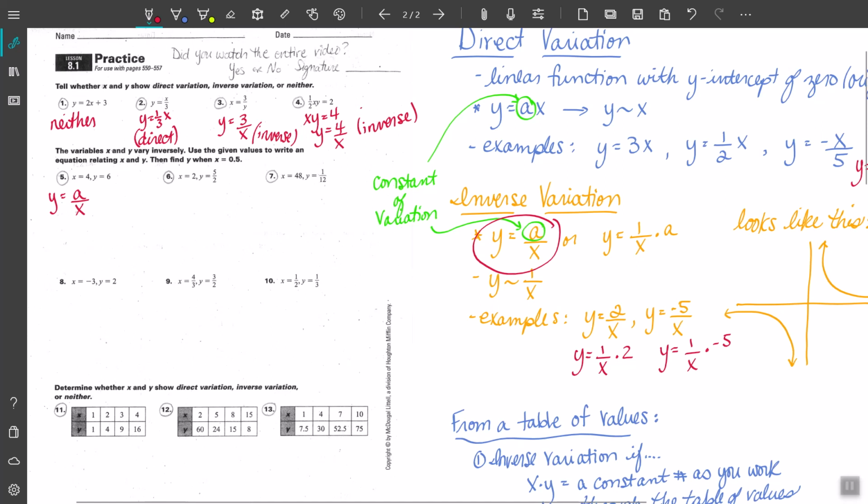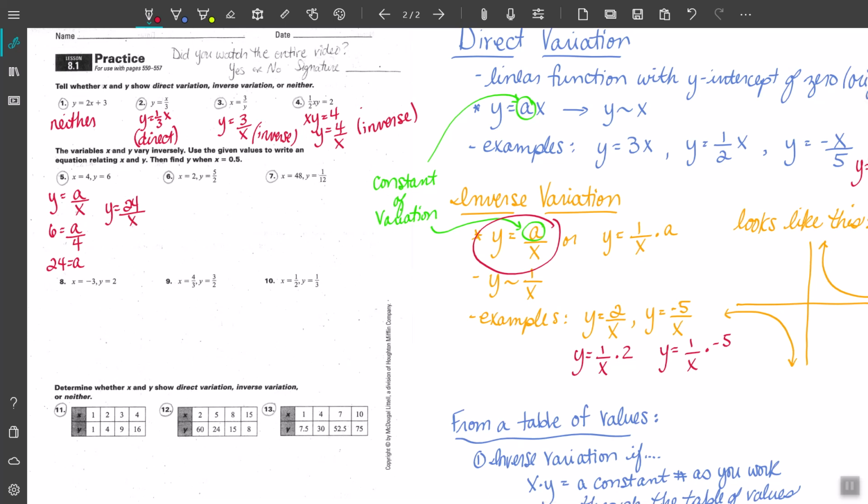I have my x, I have my y, so I'm going to plug those two in and solve for my constant of variation, which is a. I'm going to take that constant of variation and plug it back up into here to get my equation that I can use to solve for any x and y now.